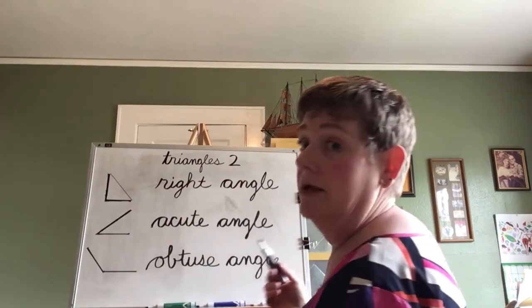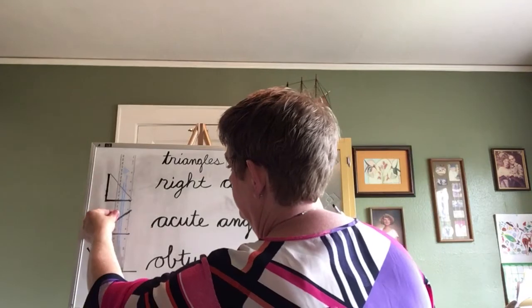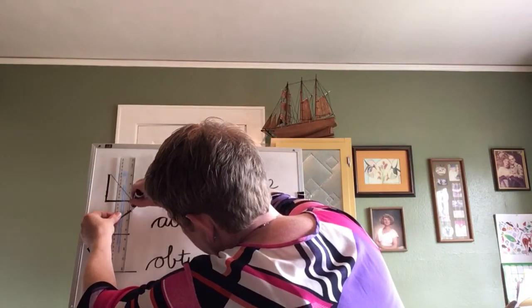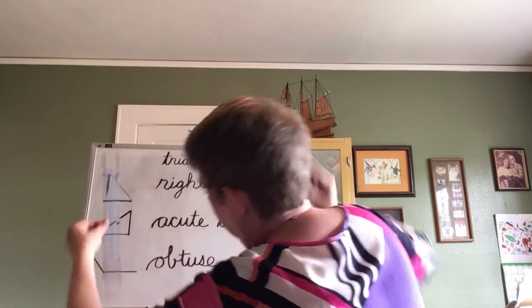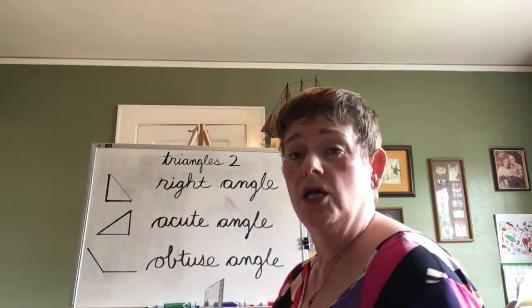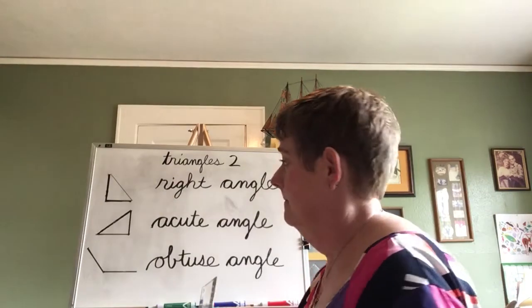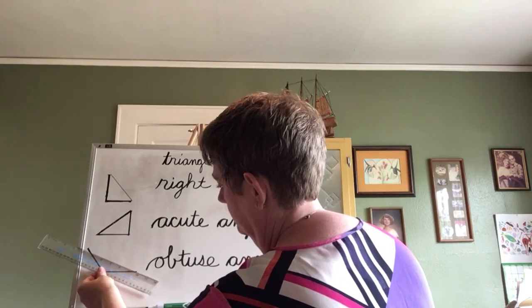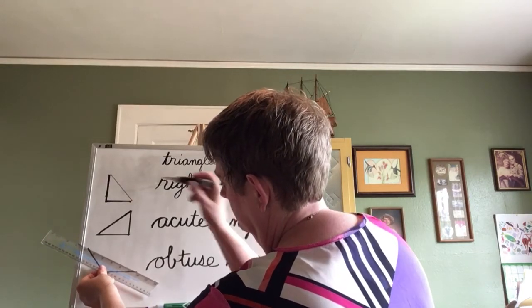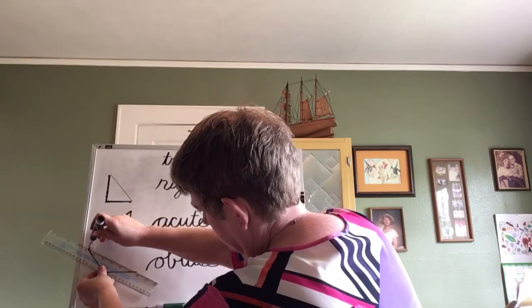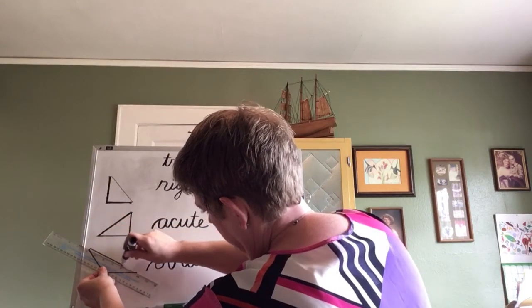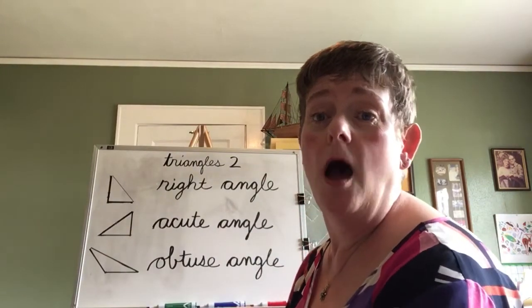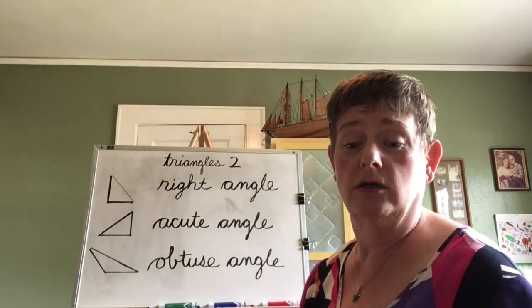It's a right angle triangle. Now this one is an acute angled triangle. Now we finished that one, and it's an obtuse angled triangle.